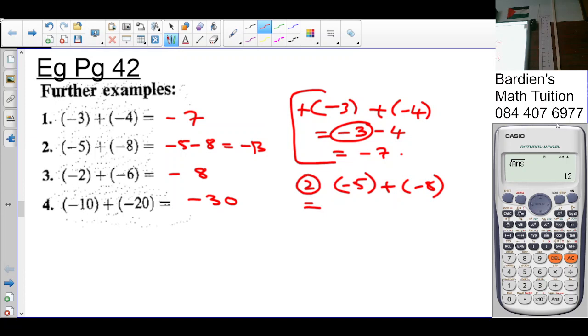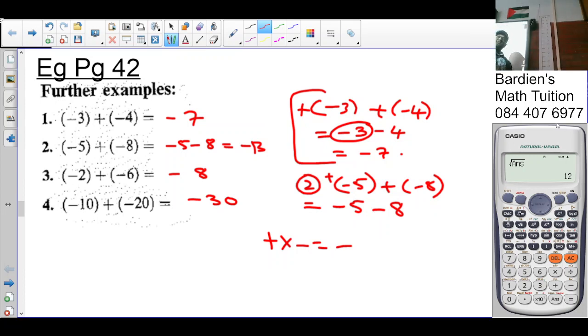What sign is in front of us here? Plus. So what is a positive times a negative? Negative. So here there's no sign, so it's plus, and a positive times a negative is negative. You've got the number line in front of you? Now go on your number line.